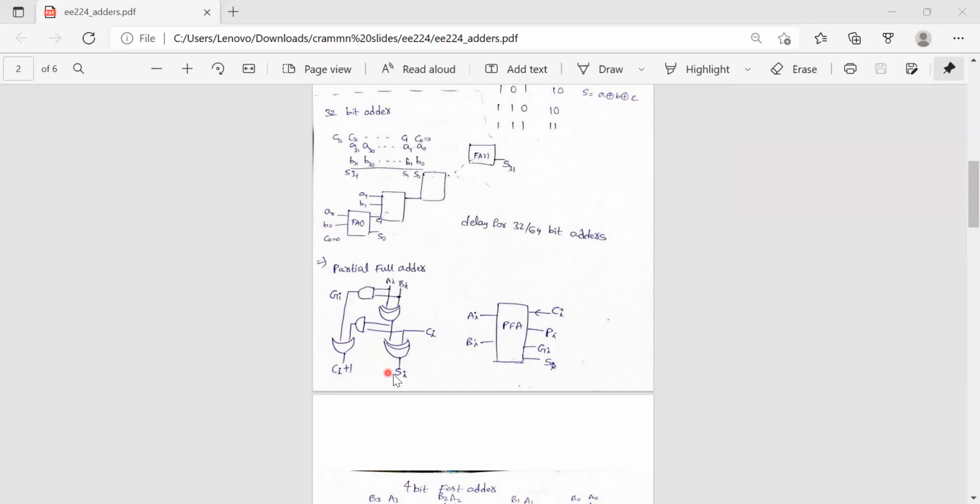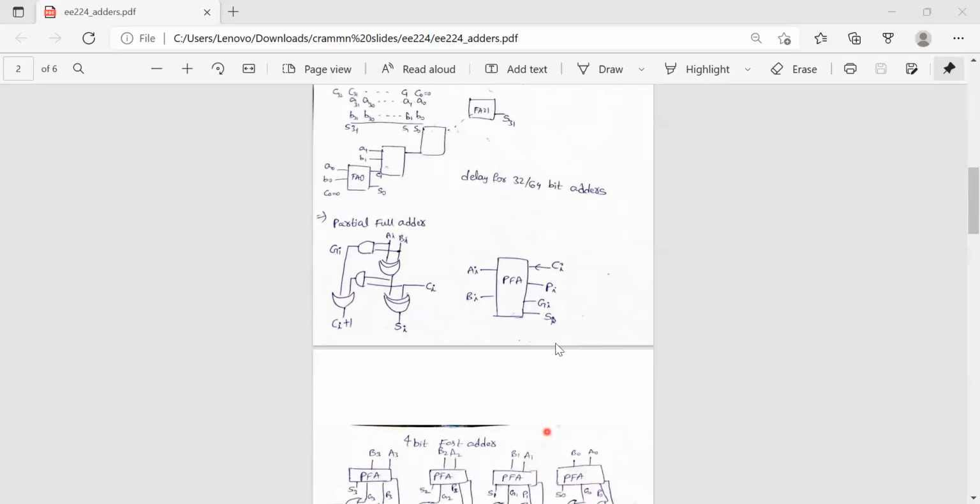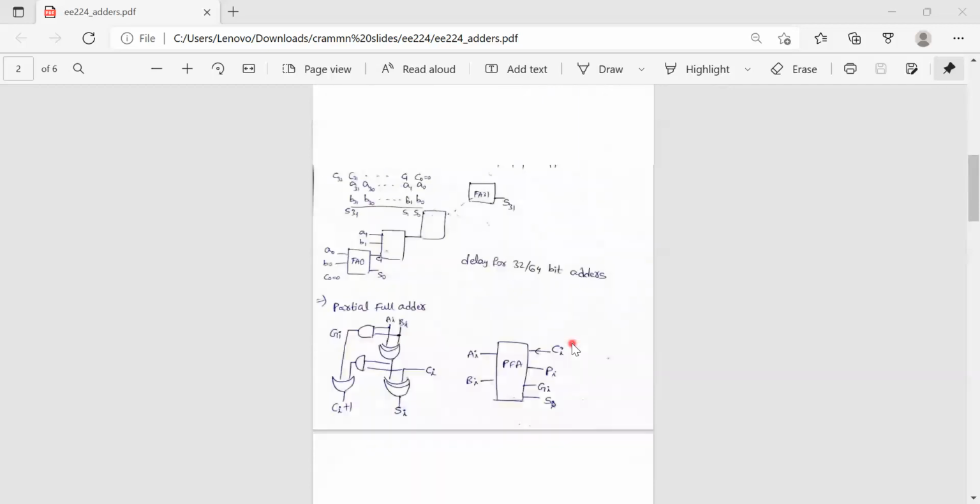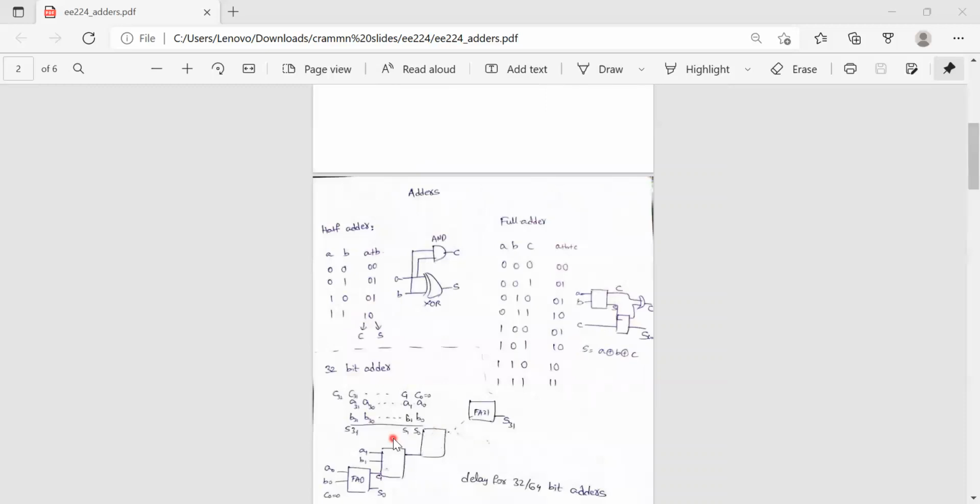This is the structure of the partial full adder, where it takes the inputs A and B and C as carry, and gives three outputs: P means propagate, G is generate, and S is sum. Sum corresponds to the output of the total addition.